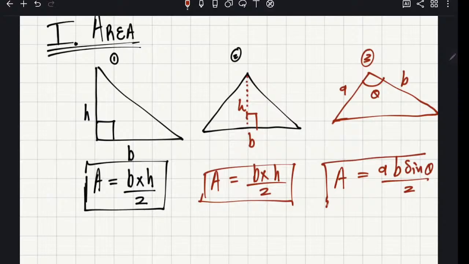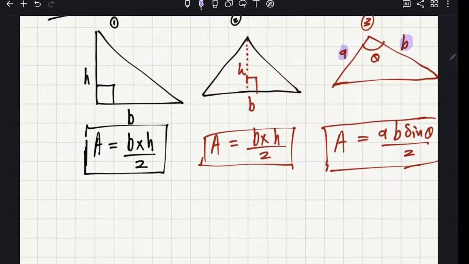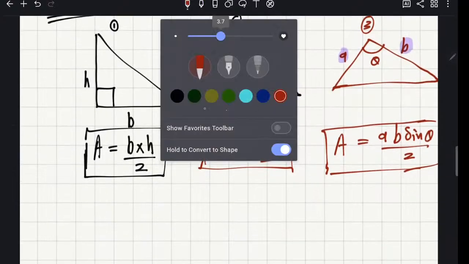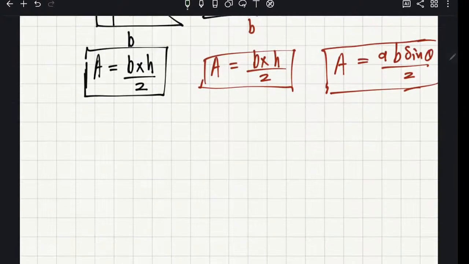That gives us the area of the third triangle. So for area, we are fine. We will use the formula depending on the situation they gave us. This last formula, you multiply this A times this B times this sine theta. We'll see the questions anyway from past papers, which we did last time. So I think you're fine.